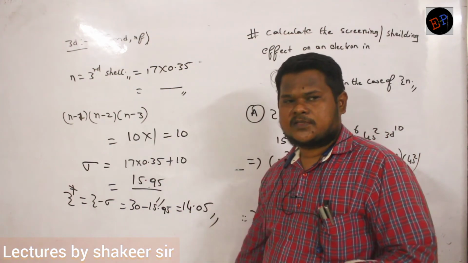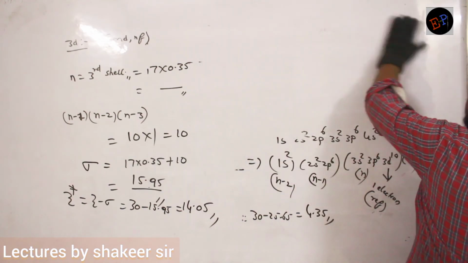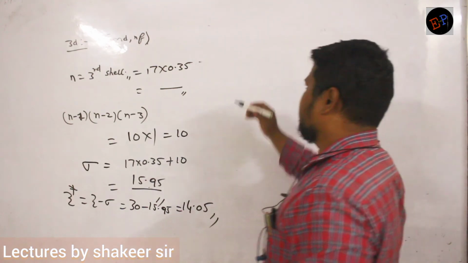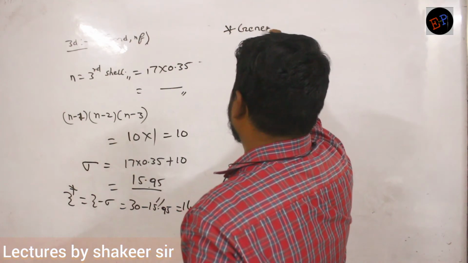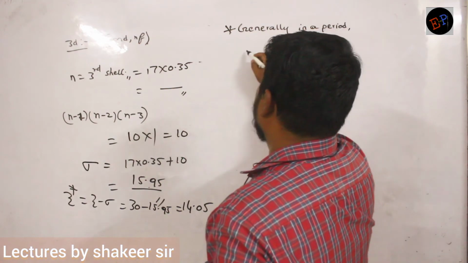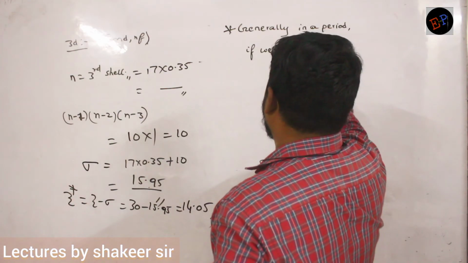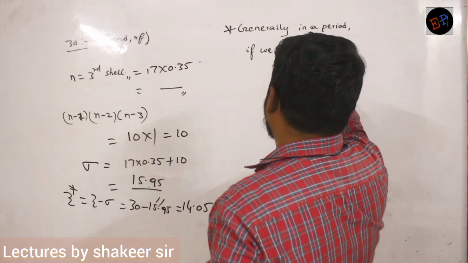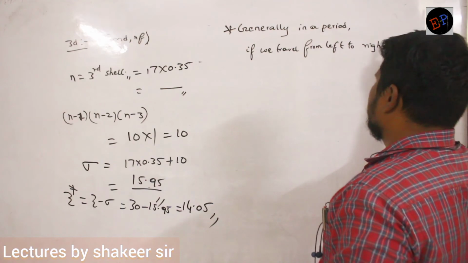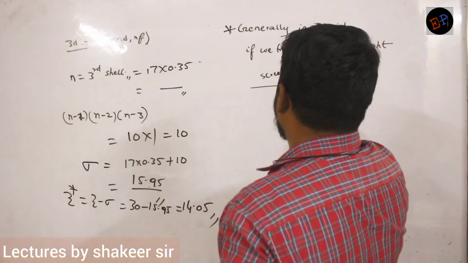because of electrons which are present on the left hand side. Clear? See, generally in a period, if we travel from left to right, what happens to the screening constant?